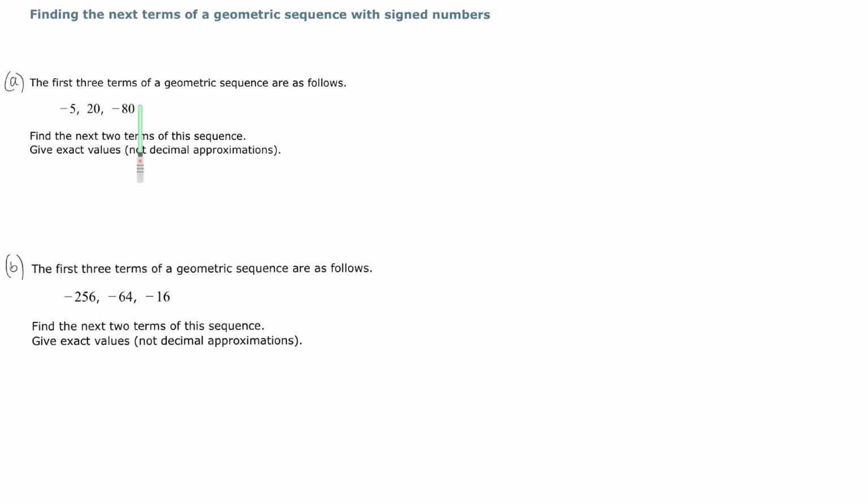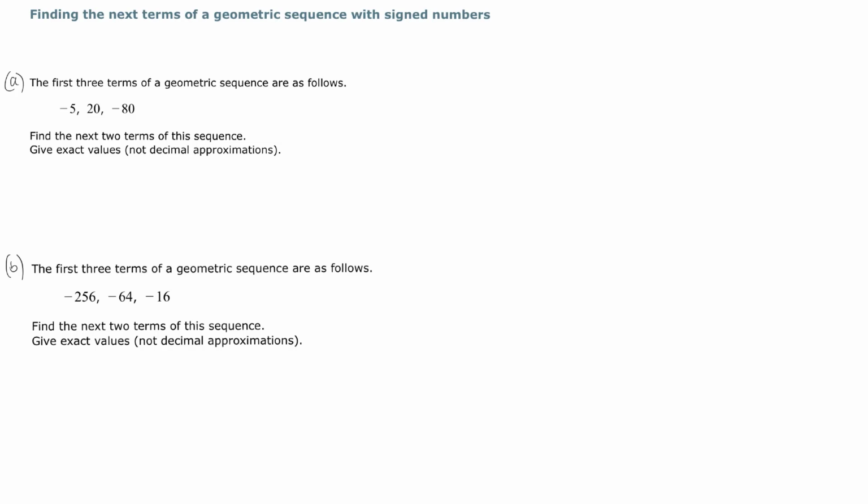The first three terms of a geometric sequence are as follows. First term is negative 5, second term is 20, the third term is negative 80. Find the next two terms of this sequence; give exact values. The thing you want to do for a geometric sequence is find the common ratio.